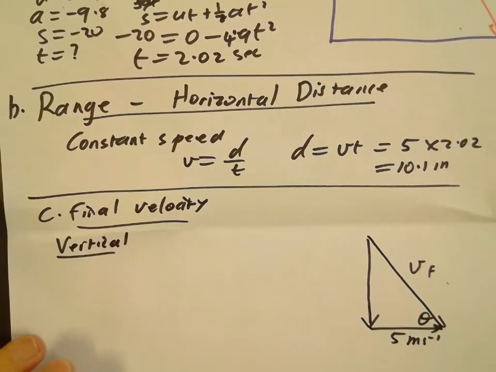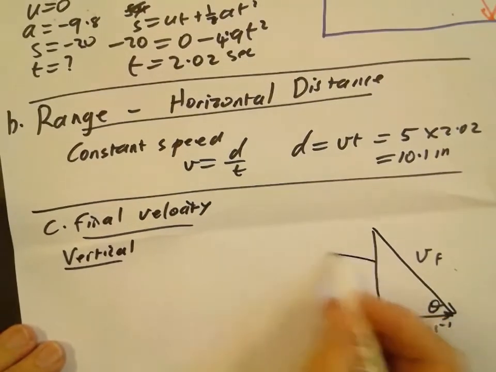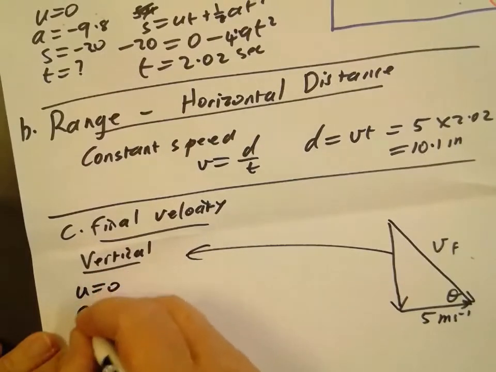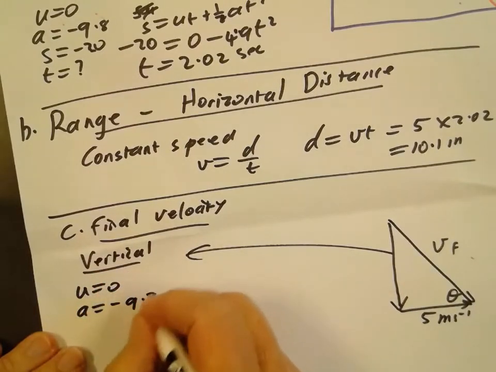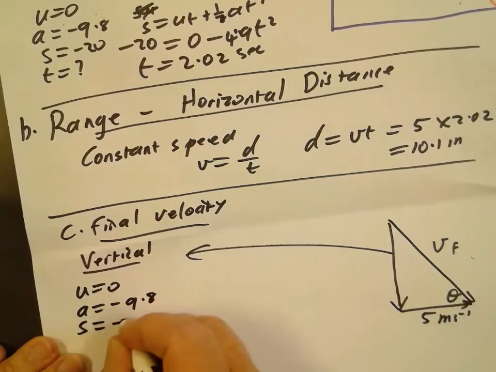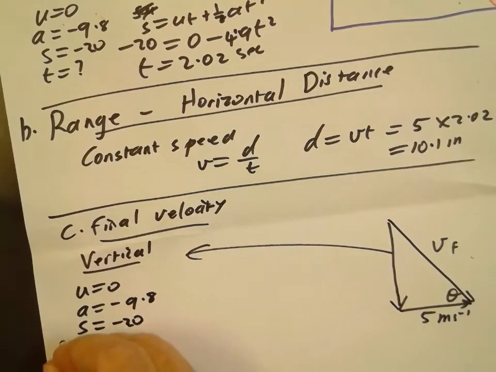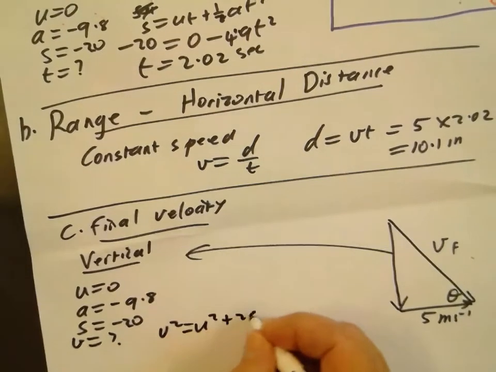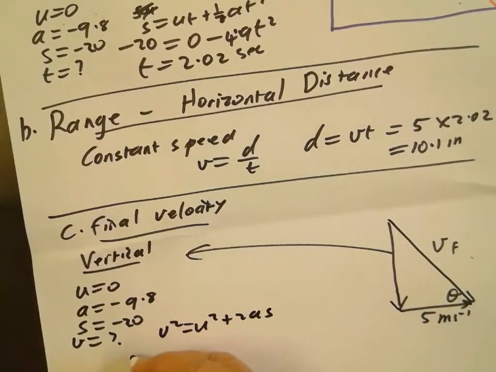We also need an angle final if we're going to do that. So this is where we're going to calculate the vertical right now. U equals 0, a equals minus 9.8, s equals minus 20, and v equals don't know. V squared equals u squared plus 2as, so that works out to v equals 19.8 ms to minus 1.